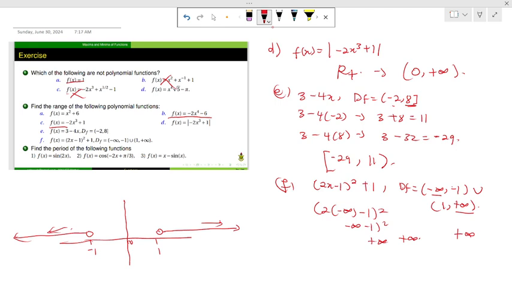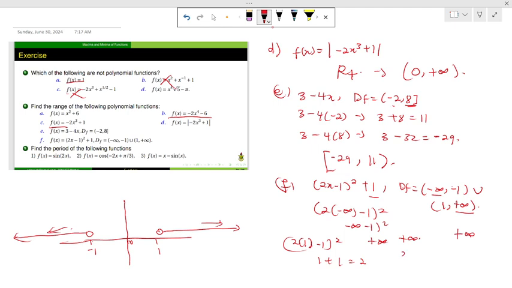Now let's see the smallest part of the function. Let's try putting the endpoints 1 and -1. When I put 1 here, I'm getting 2 multiplying 1 minus 1 all squared. This is giving me 2 minus 1, which is 1, and 1 plus 1 outside gives me 2, right? Now let me put -1.